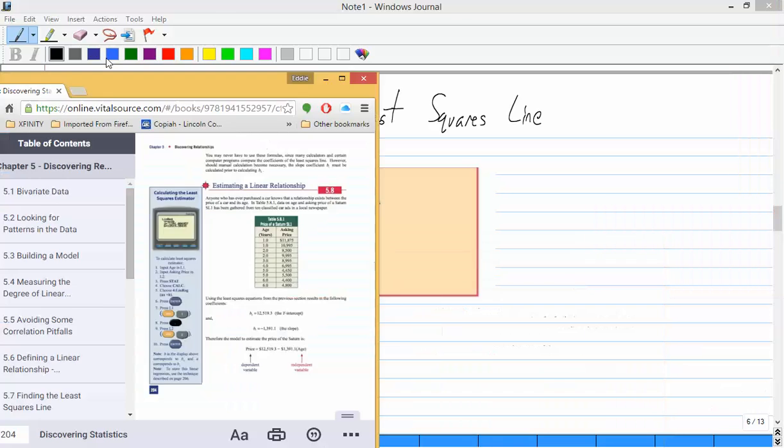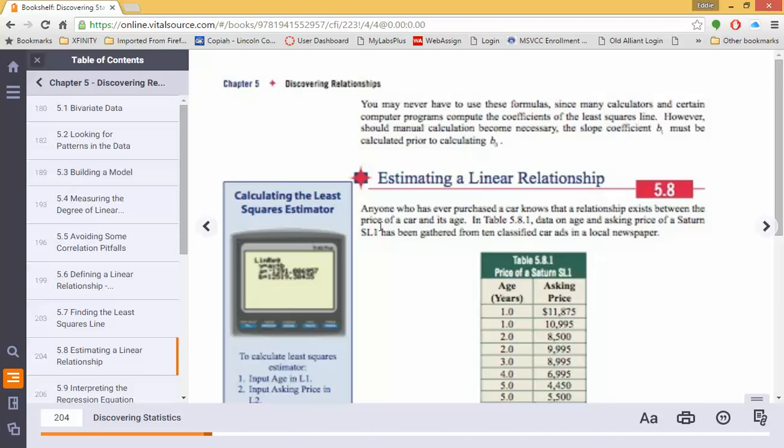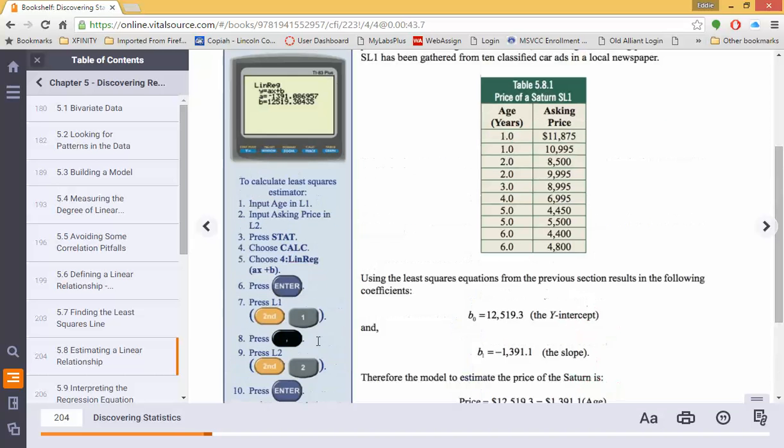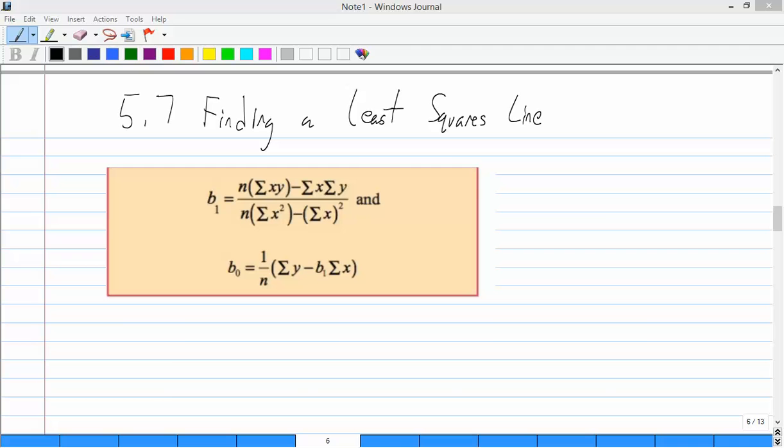If you have a TI calculator, just like with the variance and the standard deviation and all those cool things that we've had to do so far, you can put in a set of data and figure out your line. But with smaller sets of data, it wouldn't be too bad to do.